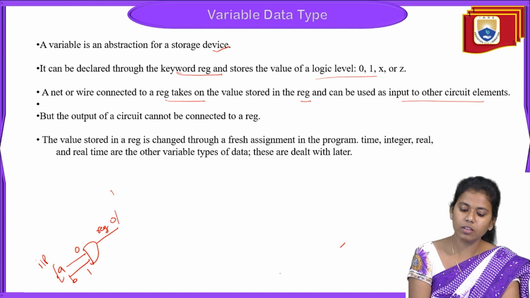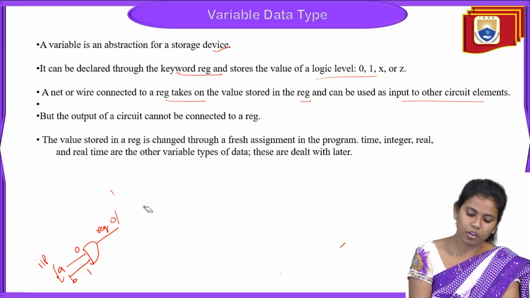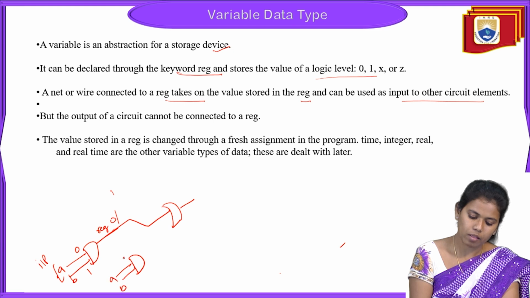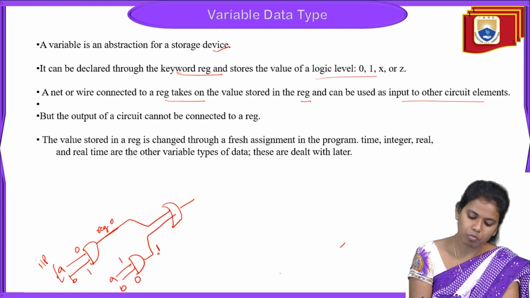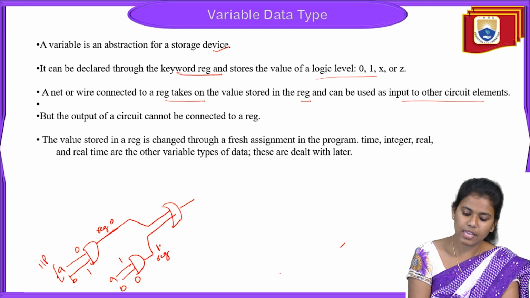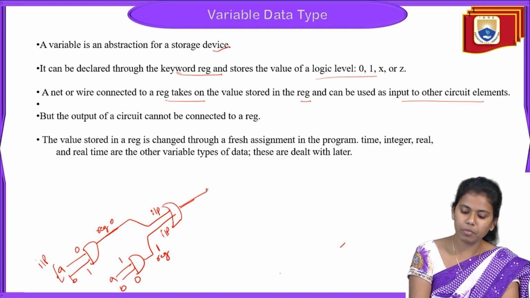I am assigning it using a keyword register, and that particular register can be used as an input to some other circuit. Likewise 1, 0. So this is 1. Here I have observed 0 and here I have observed 1. This again acts as input to some other circuit, and from there we get the output as Y.